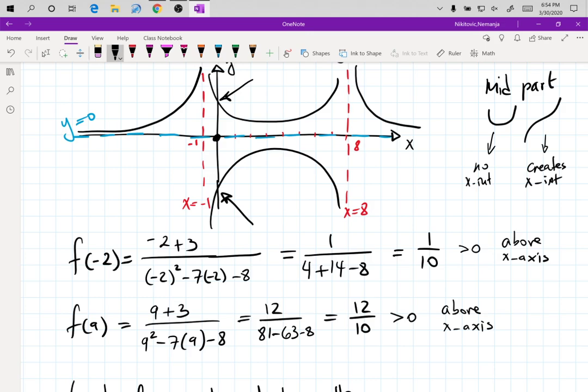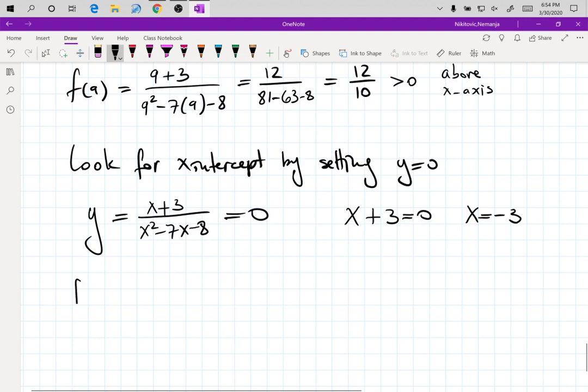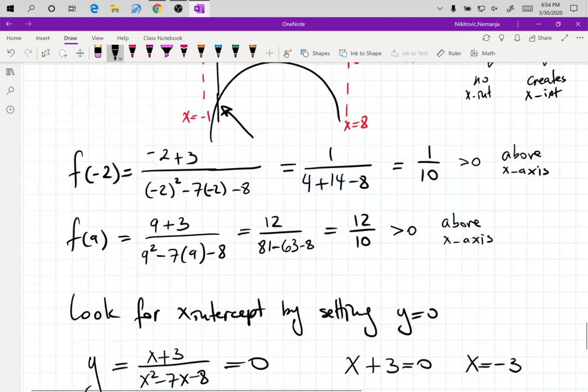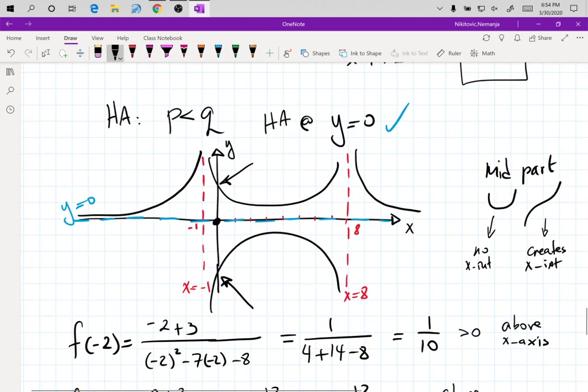So now we calculate f of 0. That's 0 plus 3 divided by 0 minus 7 times 0 minus 8. That's 3 divided by negative 8, and that's negative. So we should keep the bottom U-shape and erase the top U-shape. So I hope that this is the graph.